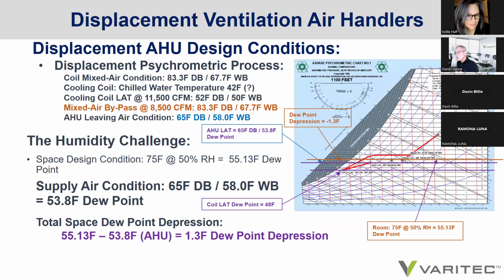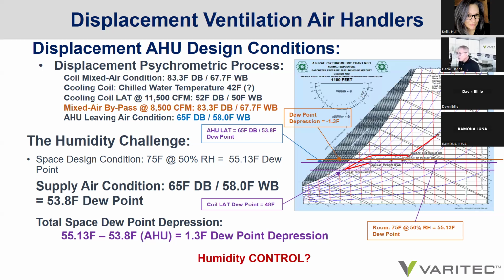Anyway, that would be the solution to do it, is make sure that the cooling coil is properly sized for displacement ventilation to achieve the dew point necessary so that it can absorb the moisture content in the mixed air when it's applied post-cooling coil to bring 55 or 52 degree air to the leaving air condition, whatever it's designed to be, 62, 65. So anyway, something to keep in mind when using side stream bypass.